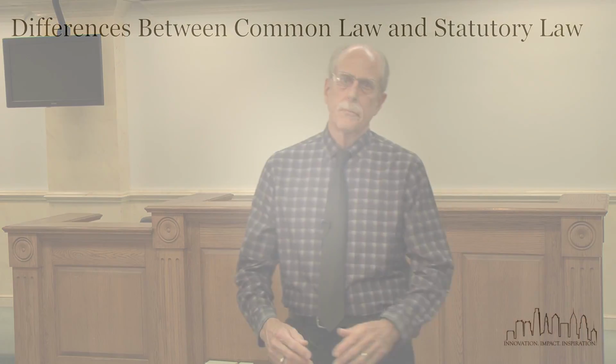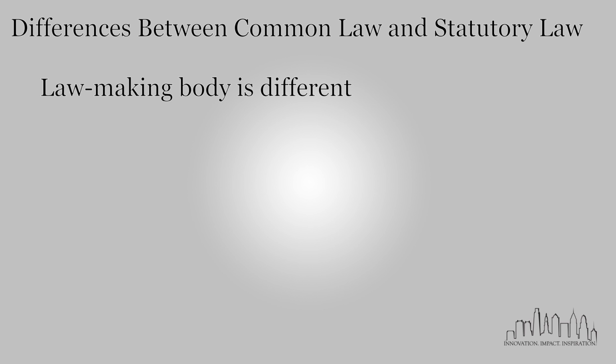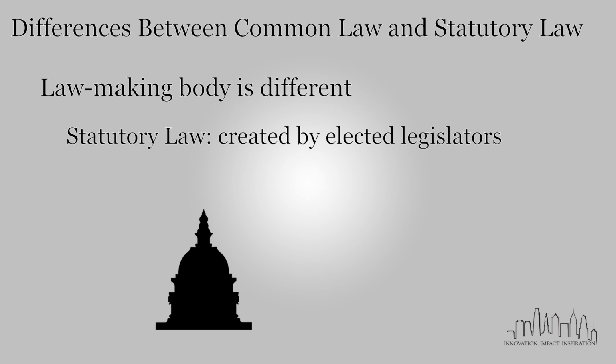So what are the differences between common law, judge-made law, and statutory law? First off, of course, the lawmaking body is different. With statutes, the law is created by democratically elected legislatures and then signed by a democratically elected governor or president.